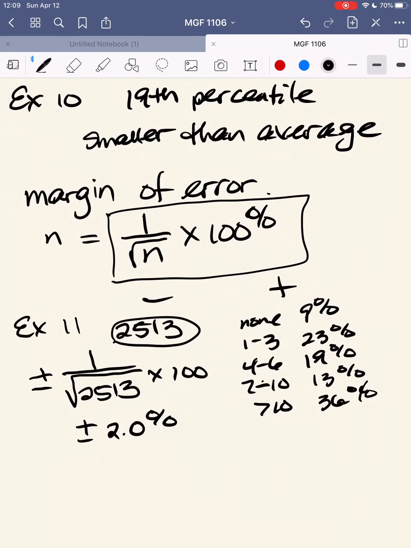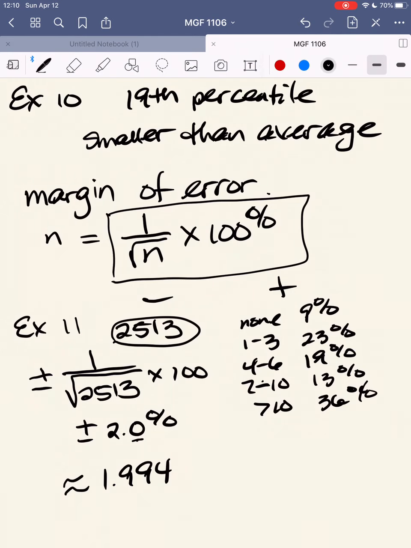It did say round to the nearest tenth. I need the 0. Don't knock it off and just say 2%. If I want to go ahead and figure that out, it's about 1.994. And that's the average number of books. I could be within sure of 1.994 books that these are accurate.